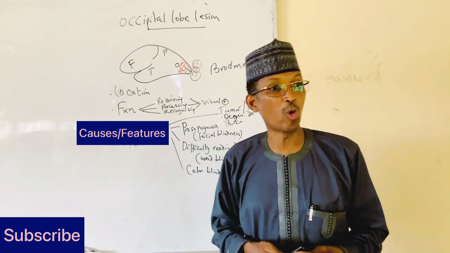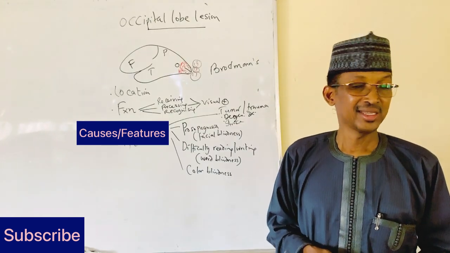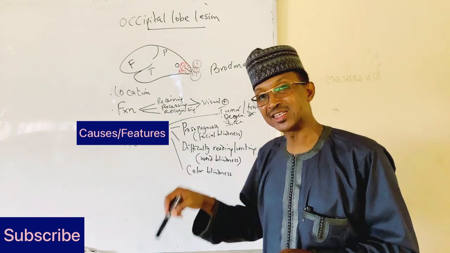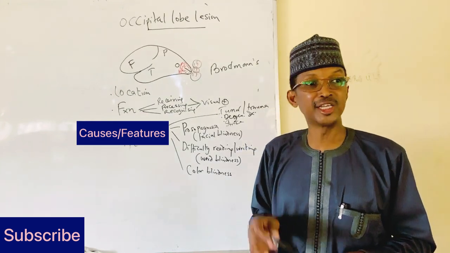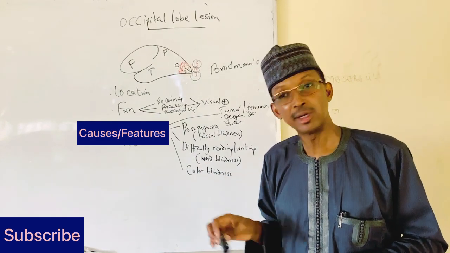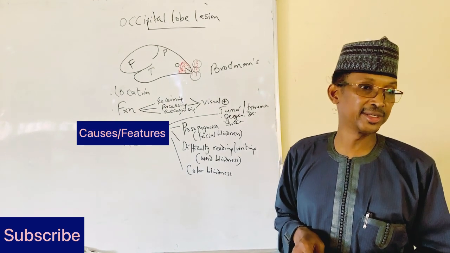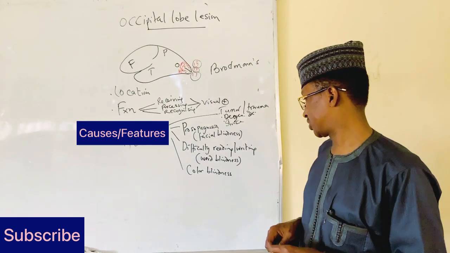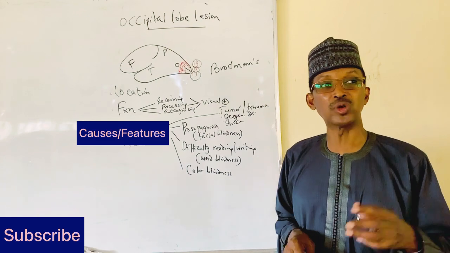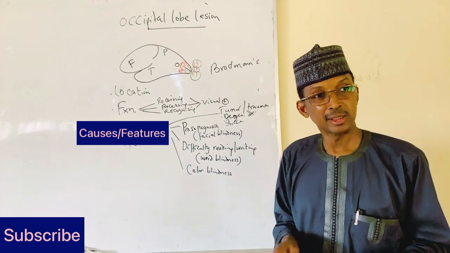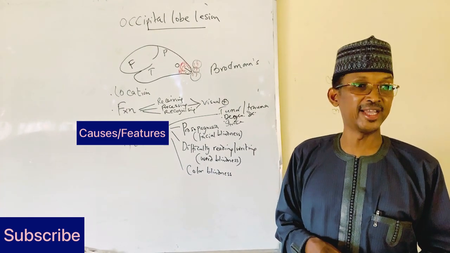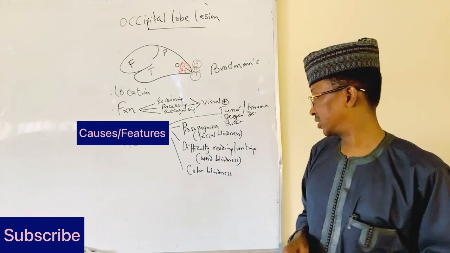That is what we call word blindness. The person, even though he has seen the words, is not able to comprehend or understand what is written. Or if you ask him to write, he will just be writing, but he will not be able to recognize or understand what he has written.